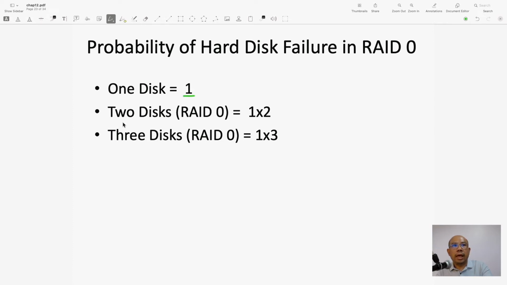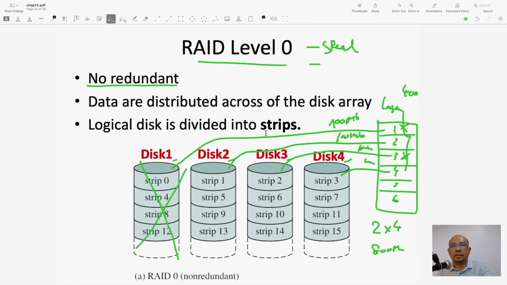When you have two disks in level 0, the probability increases to 2. When you have 3 disks in level 0, it increases to 3. That means the probability of hard disk failure increases with the number of hard disks in the system.